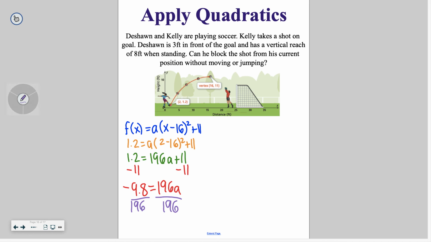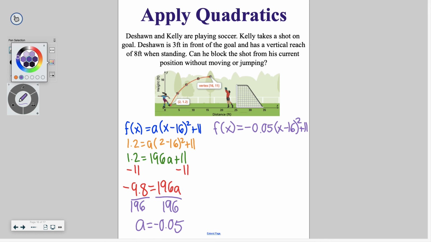Once I do that, I get an a value of negative 0.05, meaning my equation is f of x equals negative 0.05 parentheses x minus 16 parentheses squared plus 11. From here, knowing that Deshaun is 3 feet in front of the goal, I want you to figure out whether he can block Kelly's shot or not.